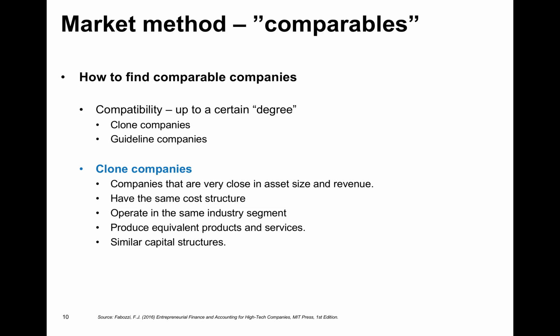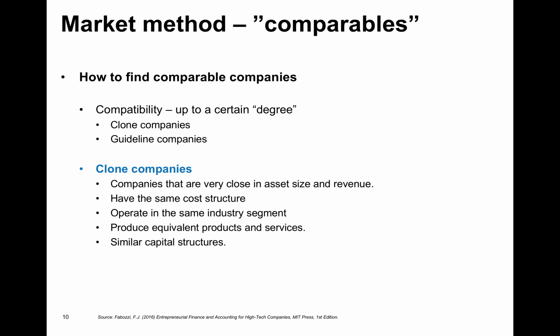Clone companies are exact replicas of what we are looking for. So companies that are very close in size, in revenues, with similar cost structure, they operate in the same industry, they are equally diversified, like with services and products, or maybe they operate the maintenance and also have the sales of the hardware or something like this.